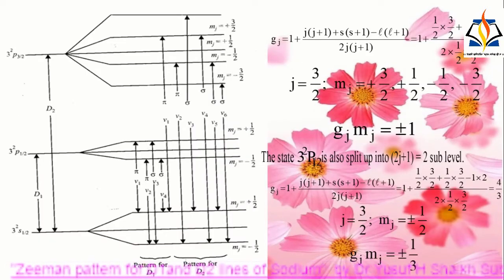The frequency of the D1 line when no magnetic field is present is represented by nu0. If the line is emitted due to the transition from 3 square S half to 3 square P half, we consider the splitting of these two energy states in the presence of a magnetic field. The ground state 3 square S half is split up into 2J plus 1, that is 2 sublevels.